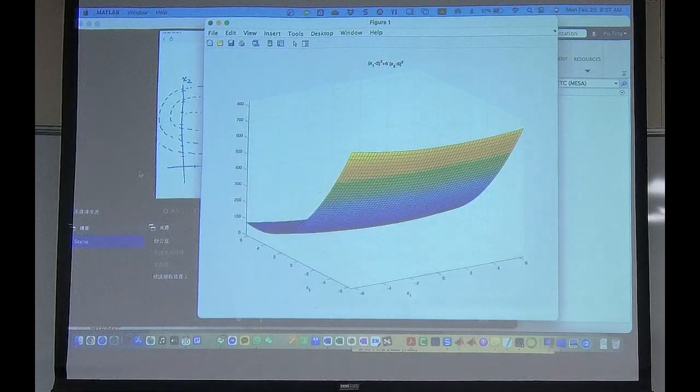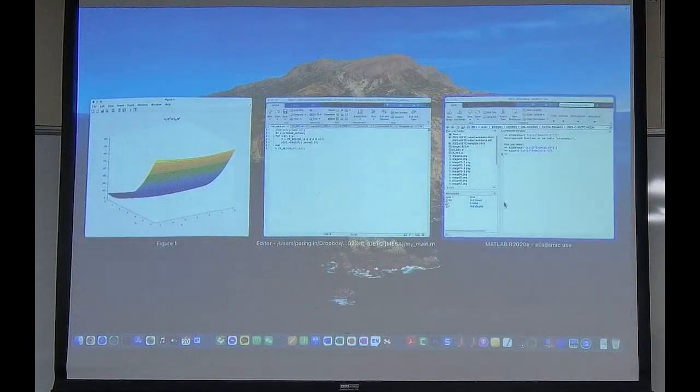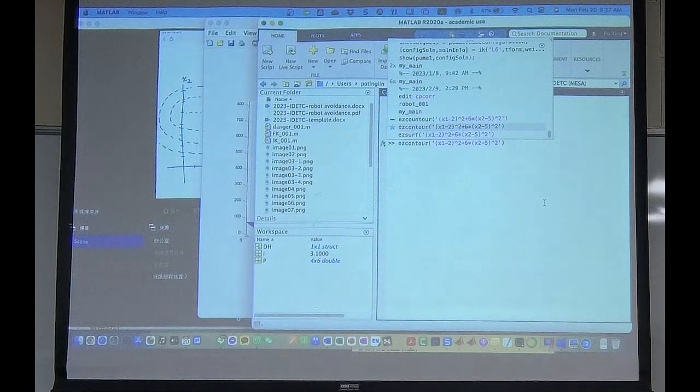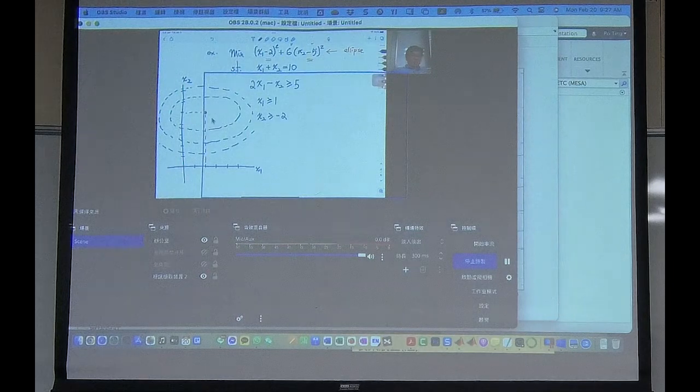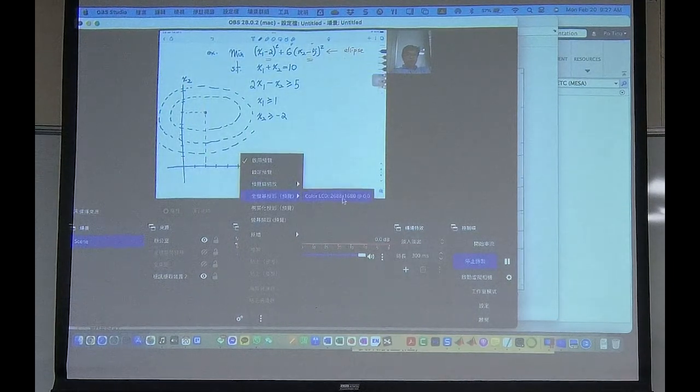So basically the contour is like making horizontal cuts and then showing you different curves that have the same value. And the red point is the minimum point.